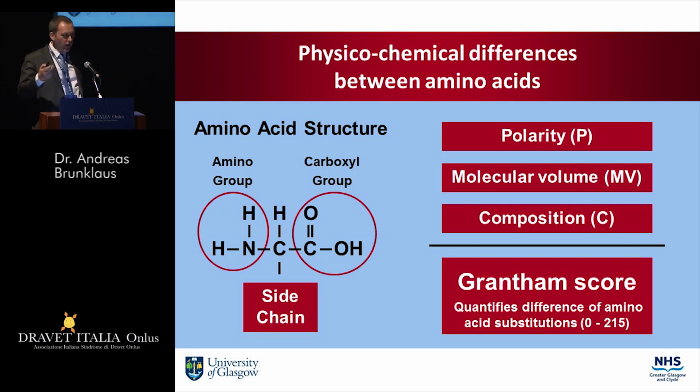You can try to quantify and characterize the side chain by looking at polarity, molecular volume, and composition, and putting all this together gives you a score called the Grantham score, which quantifies the difference of amino acid substitutions. If you've got a score of 0, there's no difference. However, if there is a major difference, it goes up to 215.